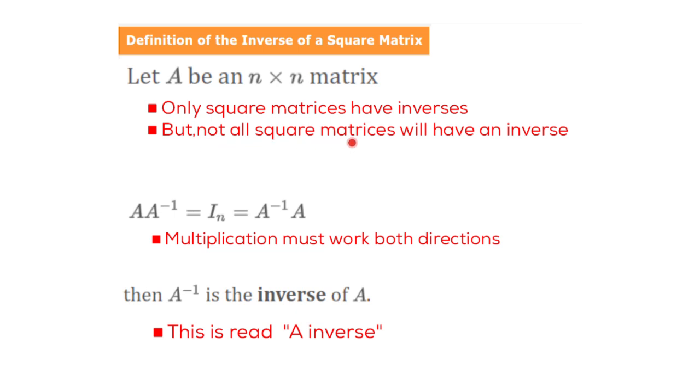I'm not going to get into all of that, but only square matrices would even work to do this with. And if it truly is an inverse, then you should be able to multiply this direction and get your identity matrix, but you should also be able to multiply the other direction and get that identity matrix.